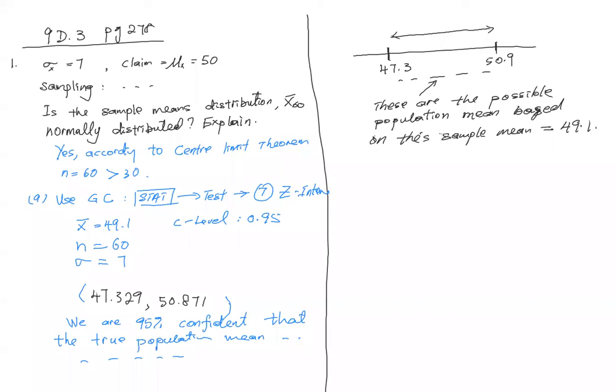Based on this sample mean of 49.1, I predict my population mean can be as low as 47.3 and as high as 50.9.